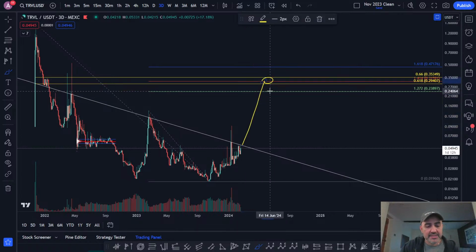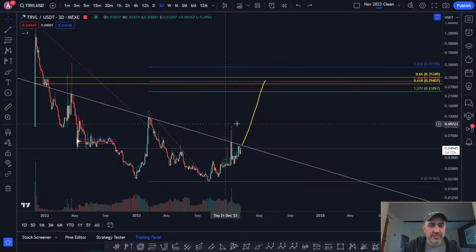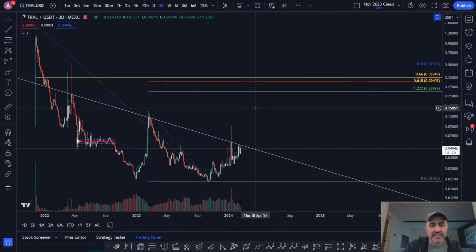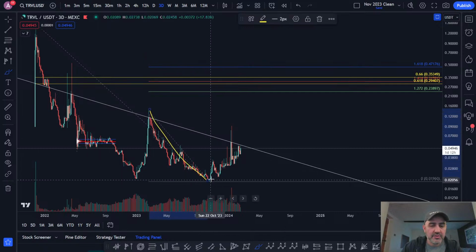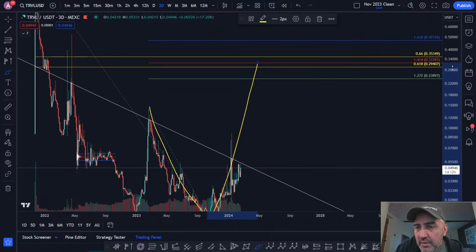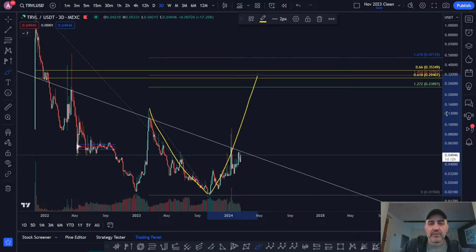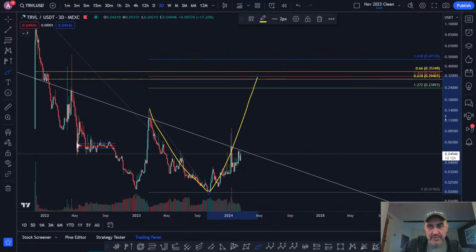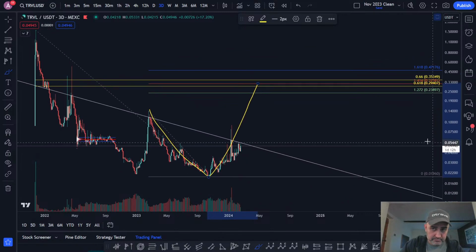And on this fib extension, from this high to this low, you're quite well extended. You're into the 1.414, which is coming in at about 31 cents. Now, that's going to be quite major resistance, so just bear that in mind.